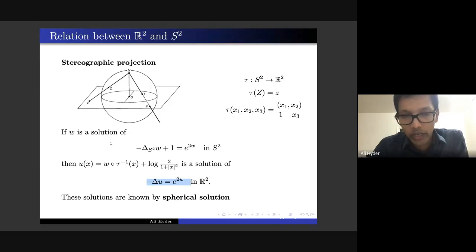So given a solution on S2, we can obtain a solution on R2. Because of this geometric way of getting it, these solutions are known as spherical solutions. If you look here, W equals 0 is a solution because this part would be 0, and here 1 minus 1 is 0. We get just log 2 by 1 plus mod x square as one solution. This is what I already mentioned.